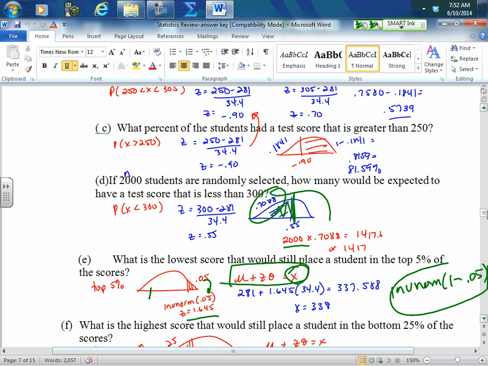Once you find your z-score, the rest fits right into your formula. I give you this formula as well. Okay, we did a lot of these: top 5, top 10, lower 5, lower 10. That's finding your x value.